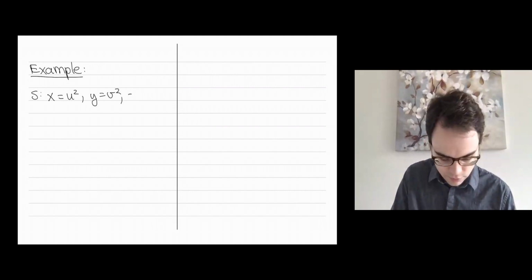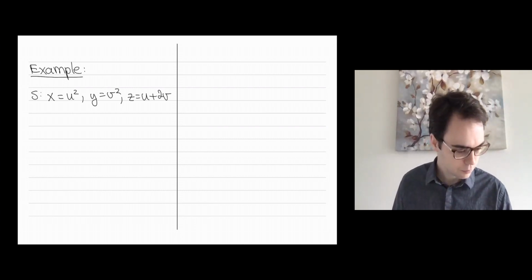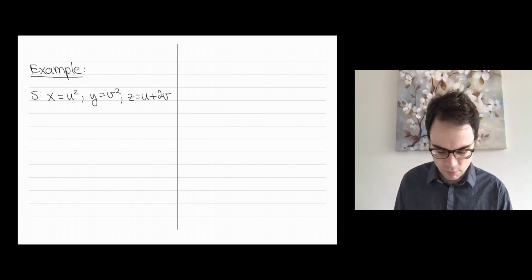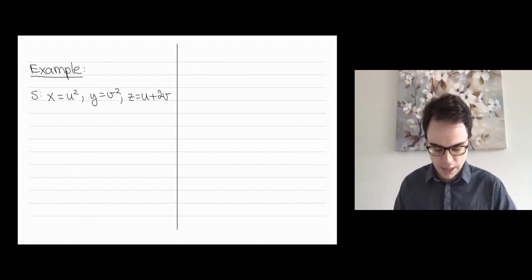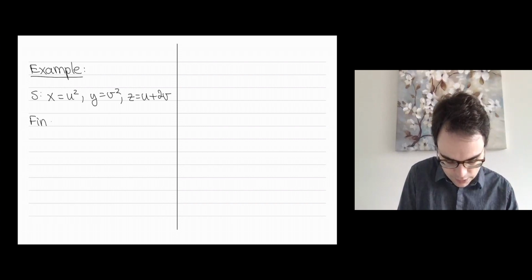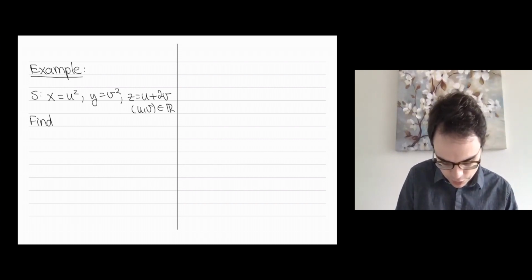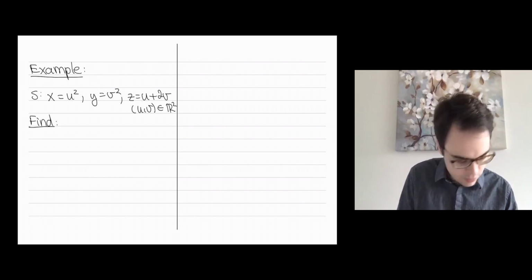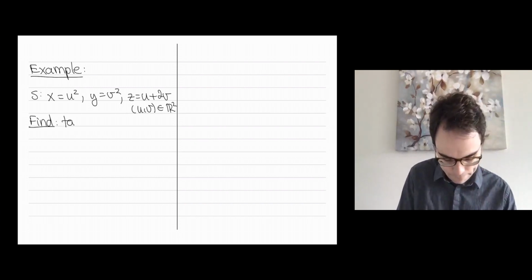And z in terms of u and v is u plus 2v. And u and v are free. They can be anything; u, v belong to R2. Our job is to find the tangent plane at (1, 1, 3).